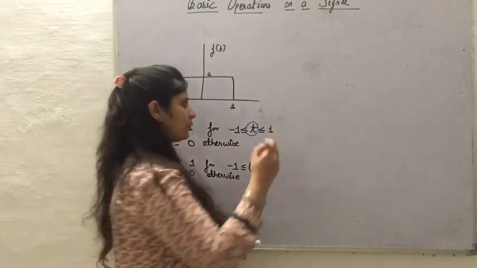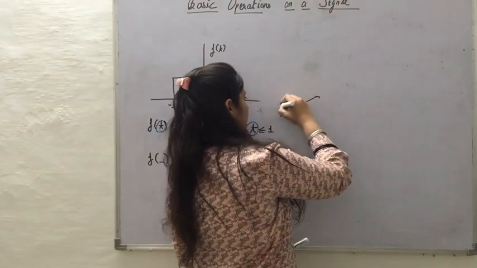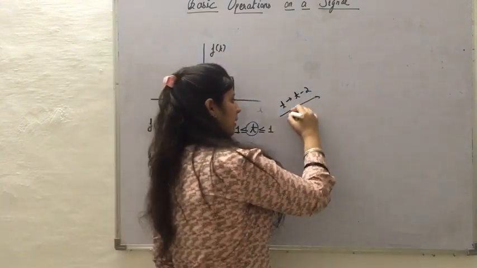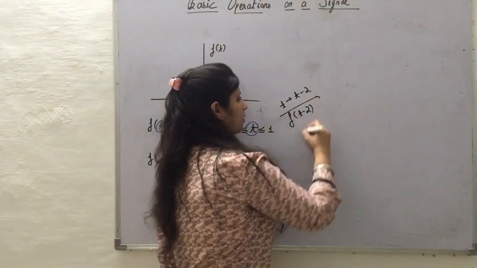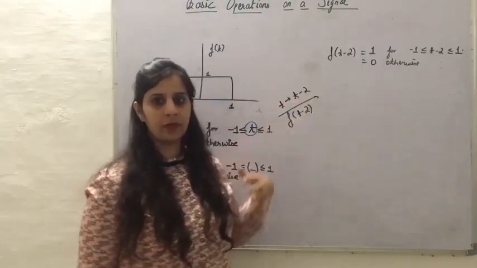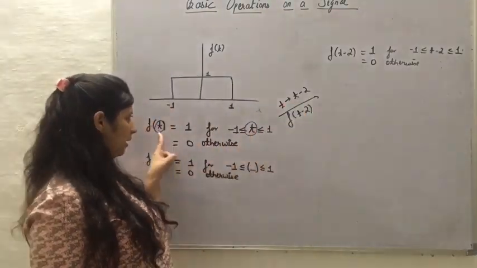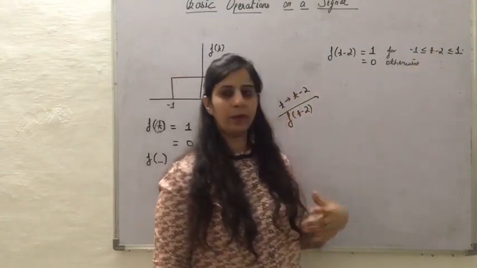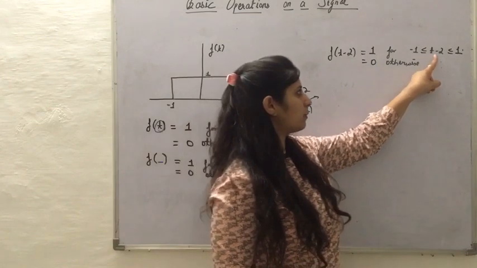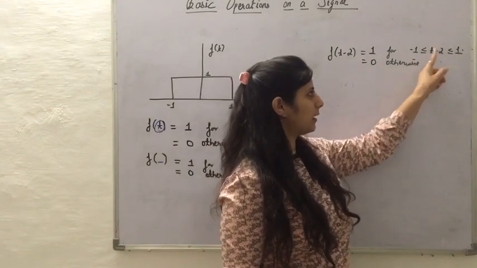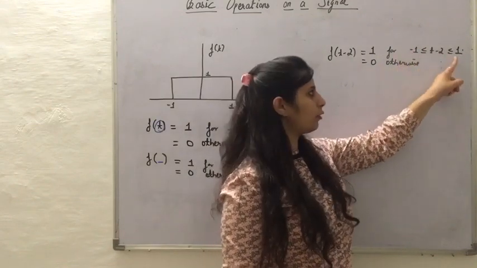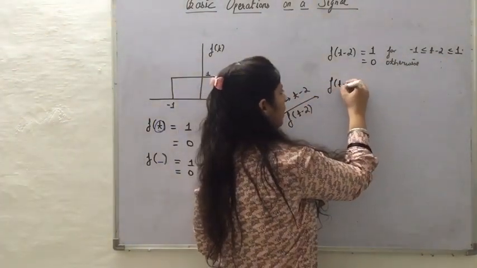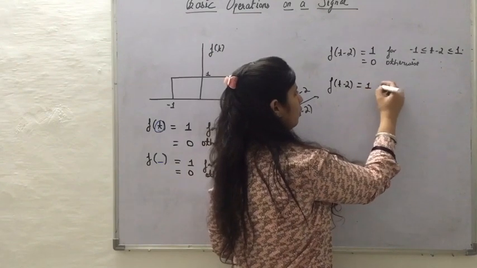So the first operation could be when t is changing to t minus 2. So the function will be f t minus 2, and it will be written as, so at the place where I had t, now I have substituted it as t minus 2. What we can further do is, we can take this minus 2 on these sides, then it will become plus 2, and here also it will be plus 2. So then f of t minus 2 will be equal to 1.